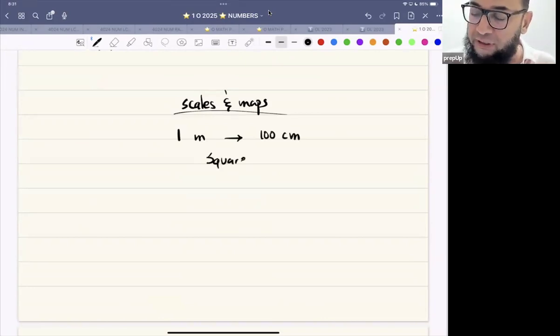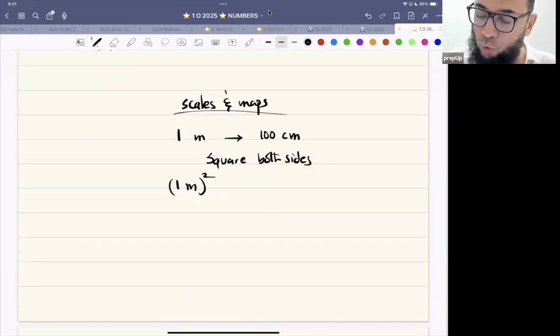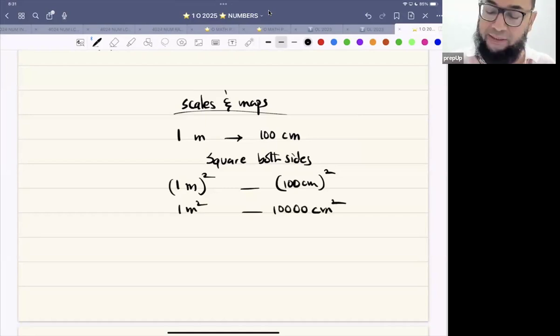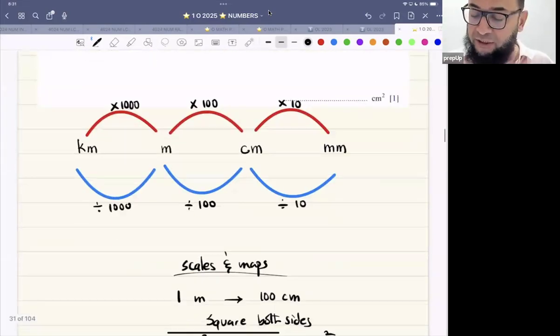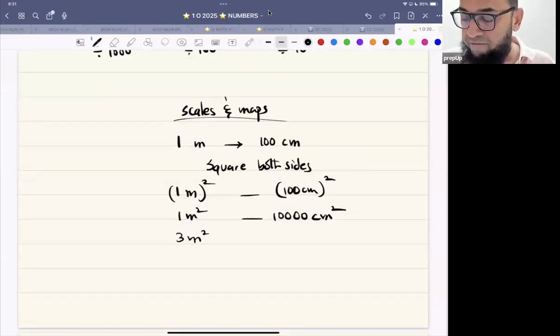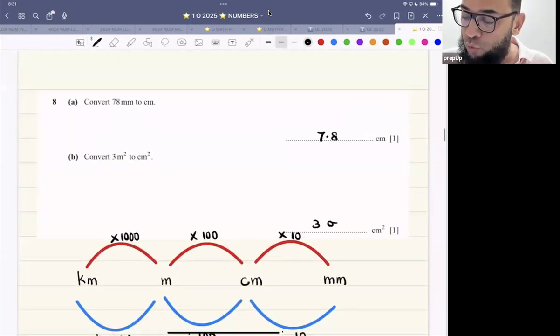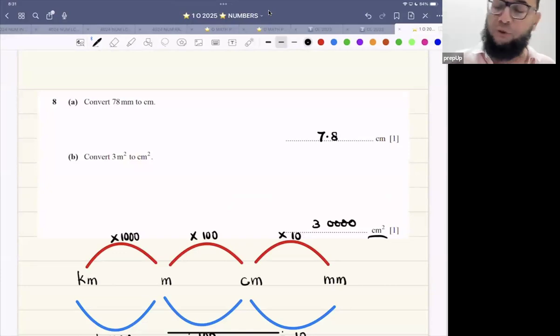If I square both sides, therefore 1 meter the whole thing square, that is 100 centimeter the whole thing square, therefore 1 meter square is 1 2 3 4 zeros centimeter squares. 3 meter square will be 3 into 1 2 3 4 zeros, therefore 1 2 3 4 zeros centimeter square.